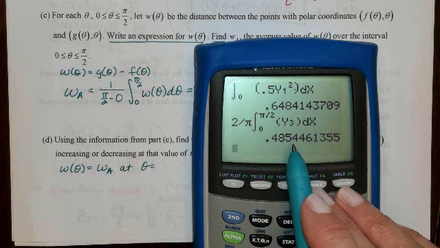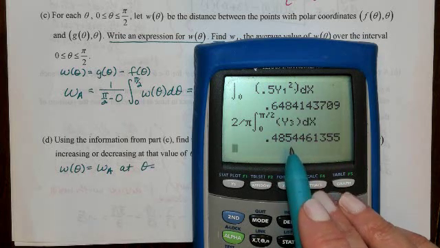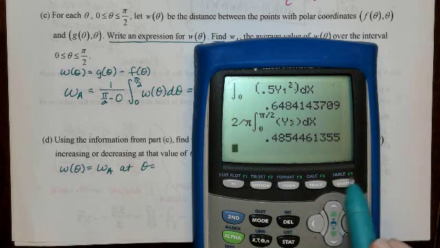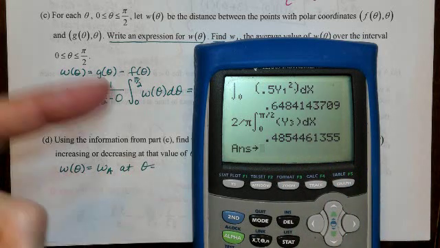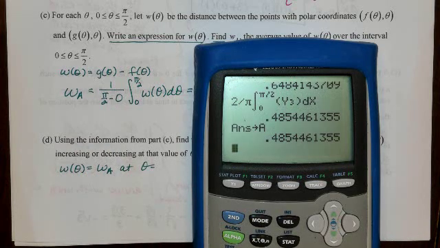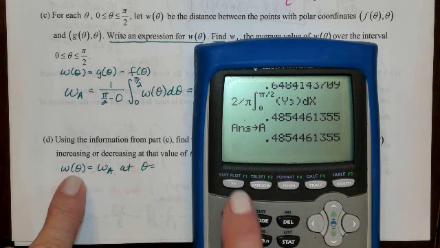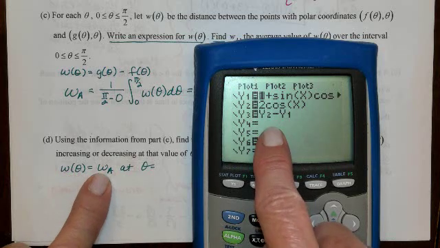I don't want to lose that, and I don't want to chop it to 0.485 because my final answer might not be correct to 3 decimal places. So I want to store that number in for something. I think I'll store it in for A. Now I'm going to use it because I'm going to be setting my y3 equal to that A value.